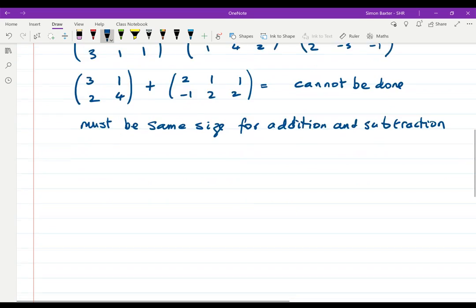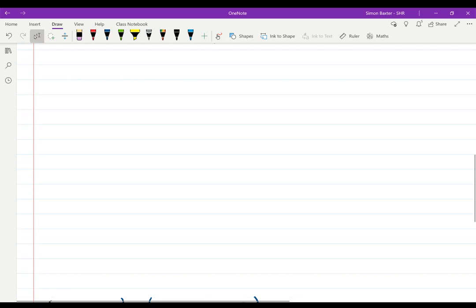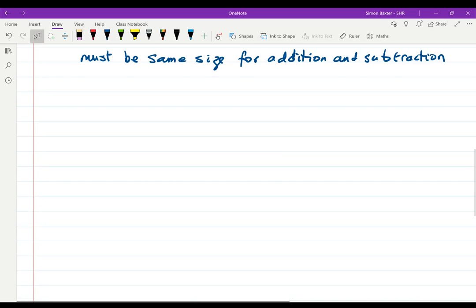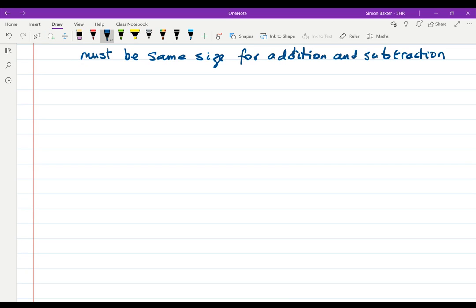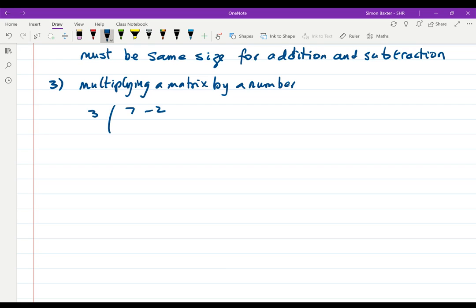One more thing that we can do by common sense, we can look at the idea of multiplying a matrix by a number. If I do 3 times 7 minus 2, 2, 4, that will give me 3 times 7.